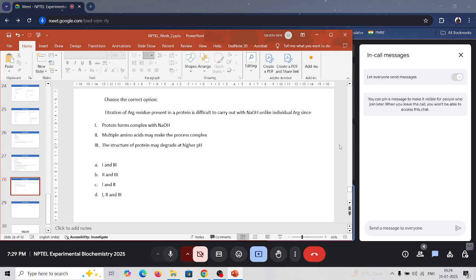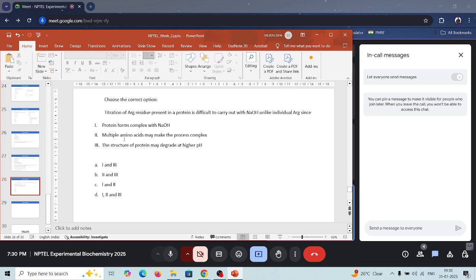Okay, so what happens over here is that arginine present in a free state is different from that in a protein structure, because at extreme pH conditions the protein structure might get degraded. If it's an individual amino acid, it only affects that particular amino acid, but inside a protein there are other amino acids as well, which might get affected.